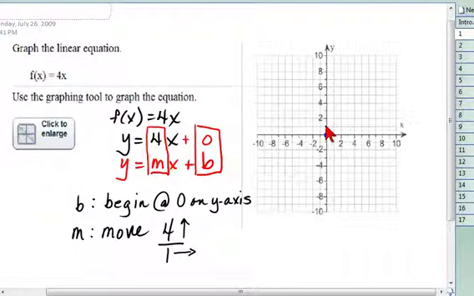So I will go up 1, 2, 3, 4, right 1, and do another point. You can repeat that activity as many times as you want, or just do it the one time. Then get some kind of straight edge and put it in there.